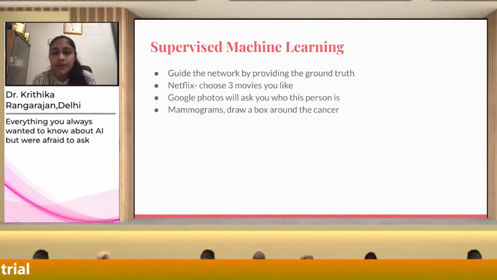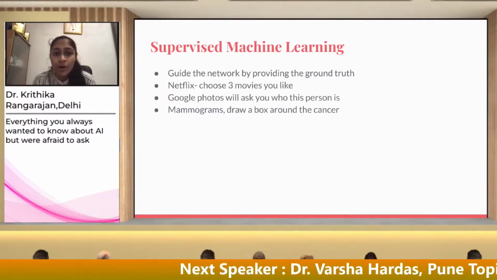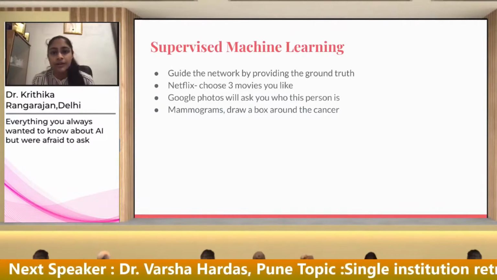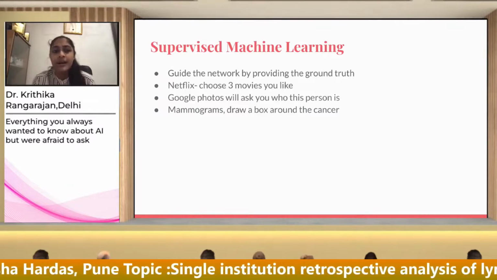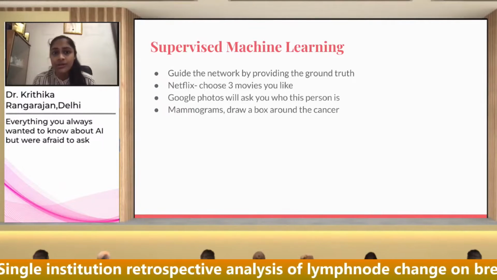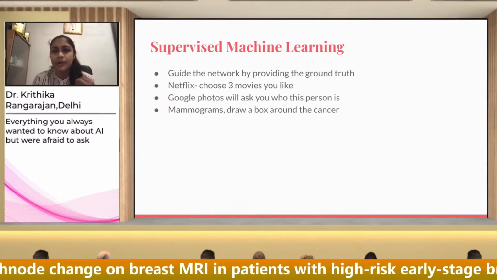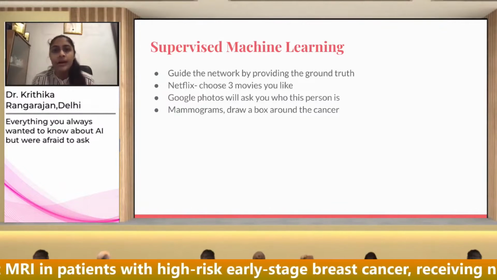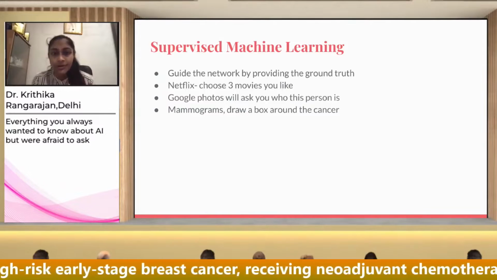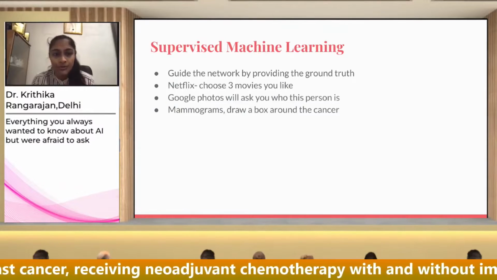For instance, when you create a user account and log into Netflix for the first time, Netflix asks you to choose 3 movies that you like the best. This is an example of how you're guiding the Netflix algorithm by telling it what your choices are. So the ground truth here is your choice of movies.